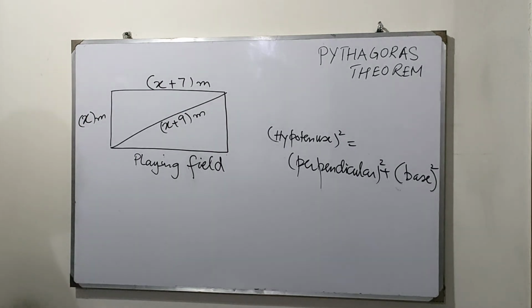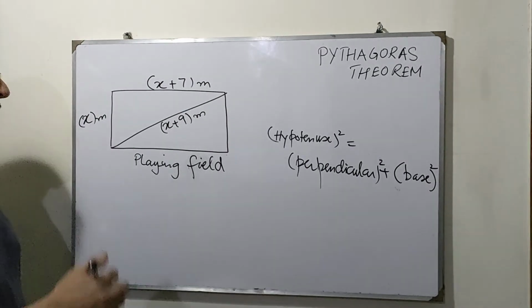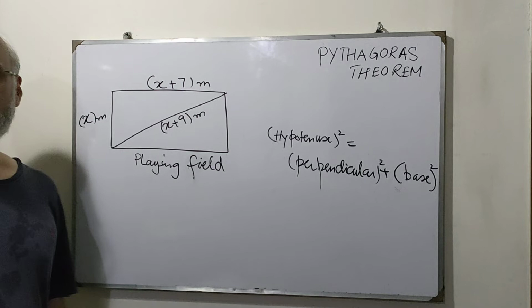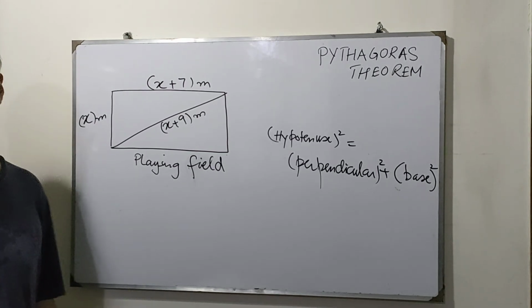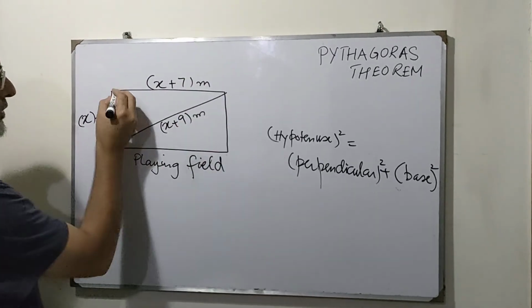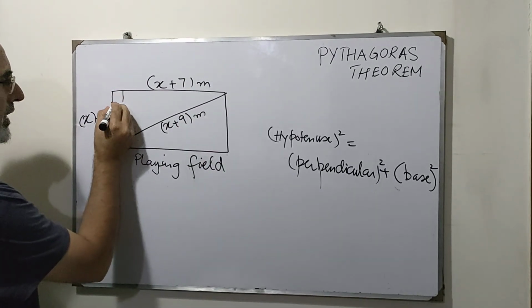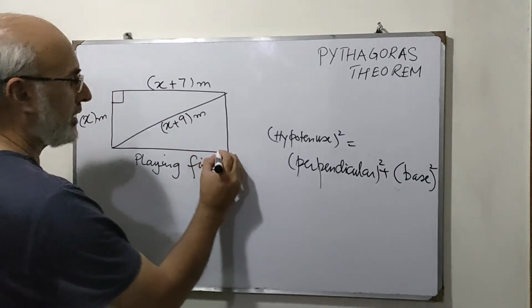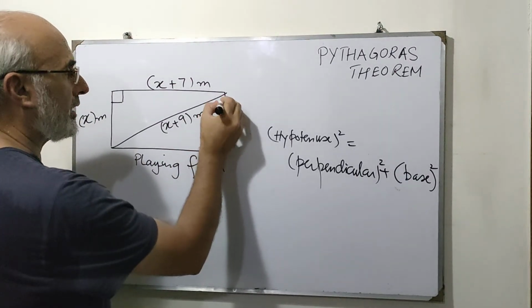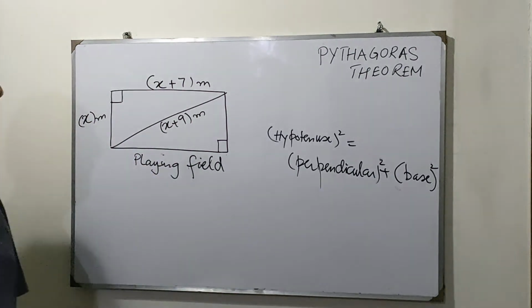So what are we going to do? How to solve? Since we know that a rectangle has 90-degree angles, every corner of the rectangle is 90 degrees. So this is a corner, this is 90 degrees, this is also 90 degrees, this is also 90 degrees, this is also 90 degrees.